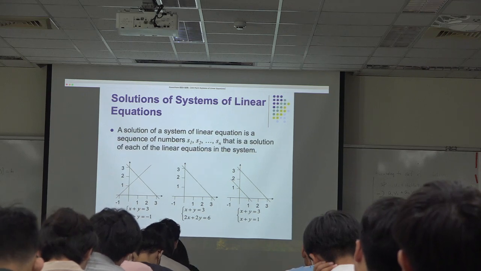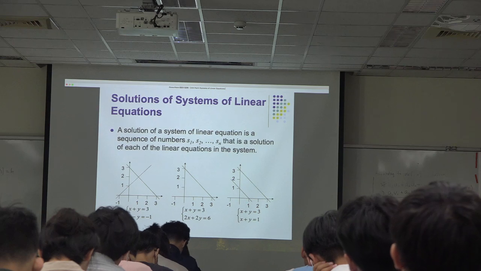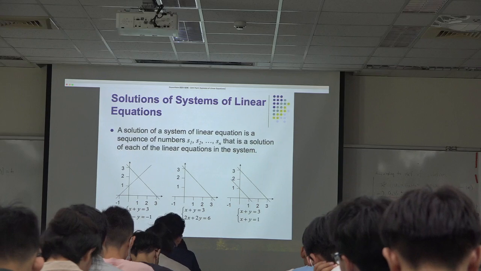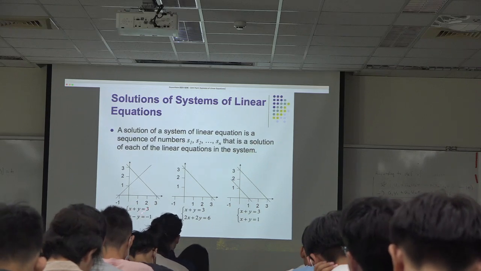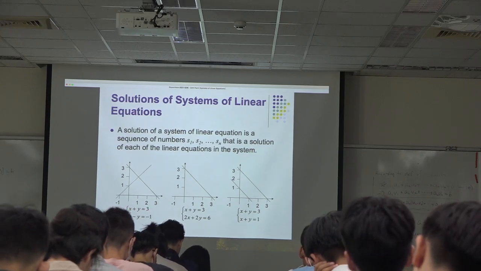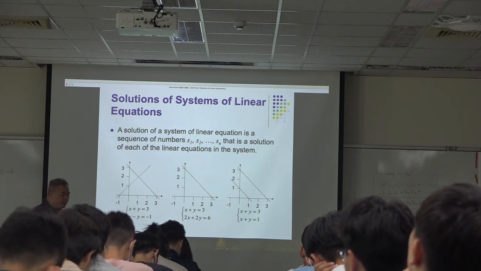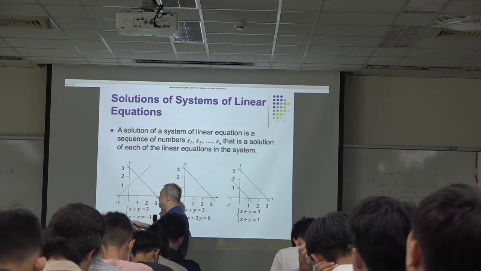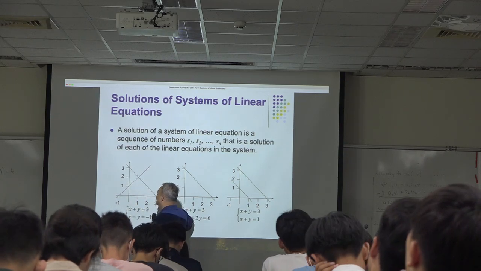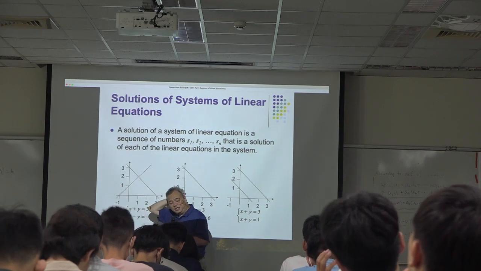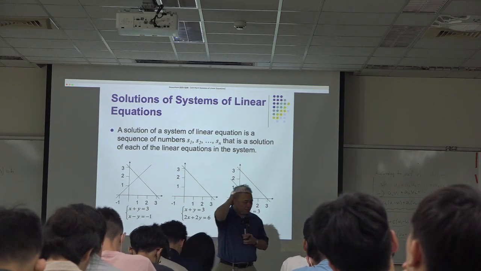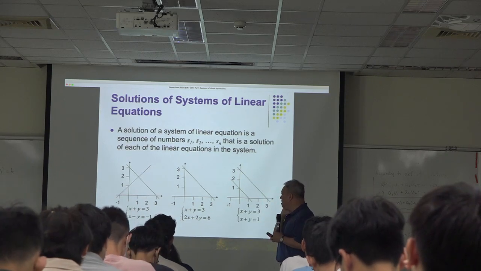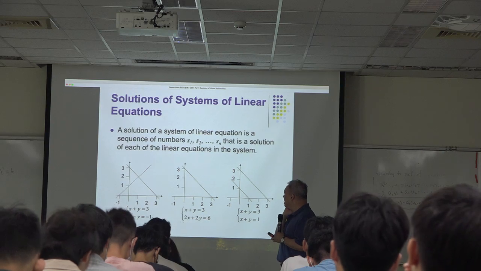So if you happen to have 2 linear equations, each with 2 variables, then there are only 3 consequences. The first consequence is that these 2 straight lines intersect at one point. That intersection point will be the solution for this system.